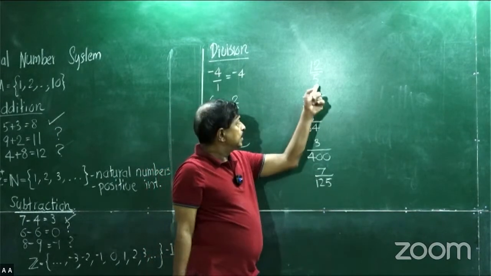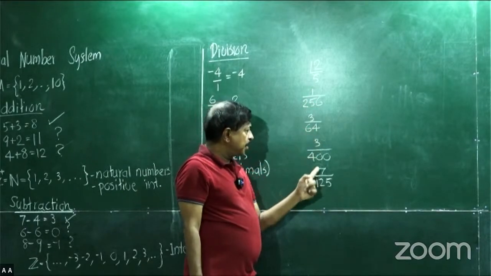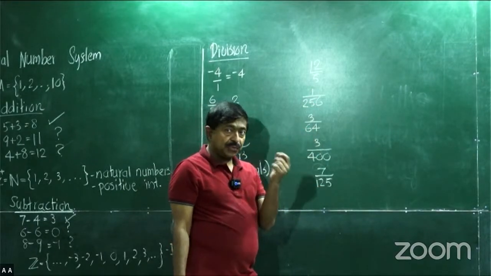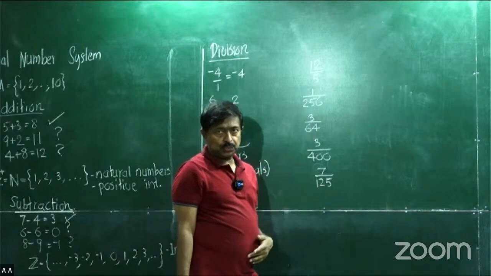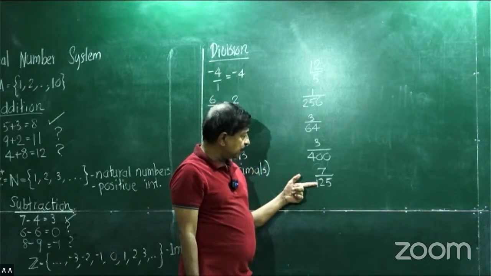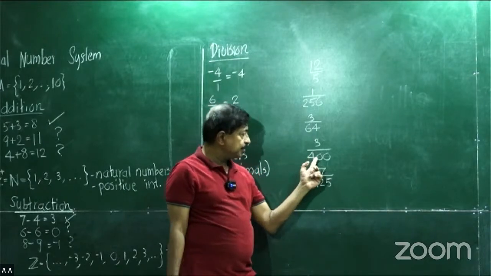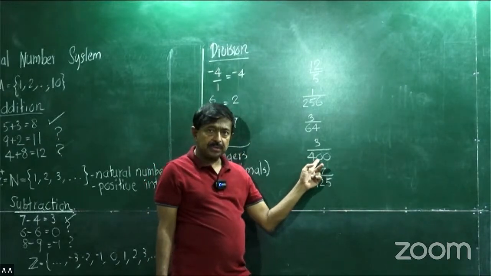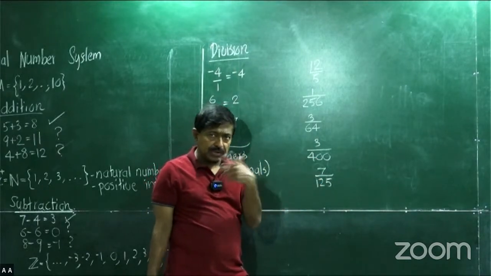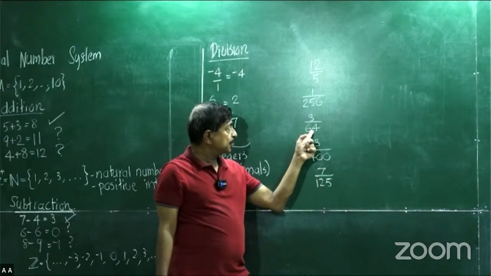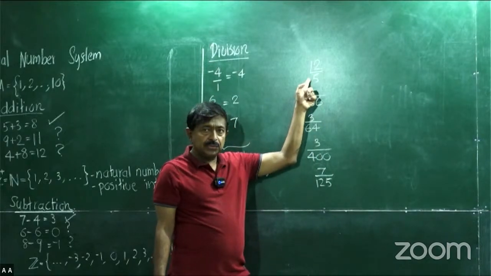Here you can see that the denominator always contains numbers which have prime factors 5 and 2, because this is 20 squared. The factors in 20 are 2s and 5s. Here, 2 to the power 6, 2 to the power 8. Here it is 5 to the power 1.